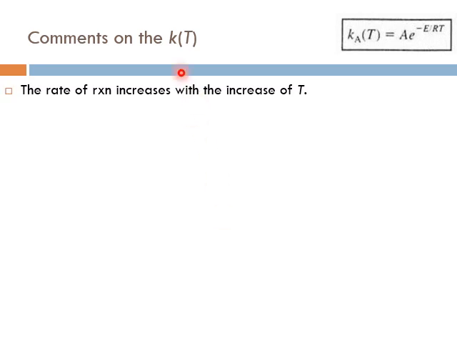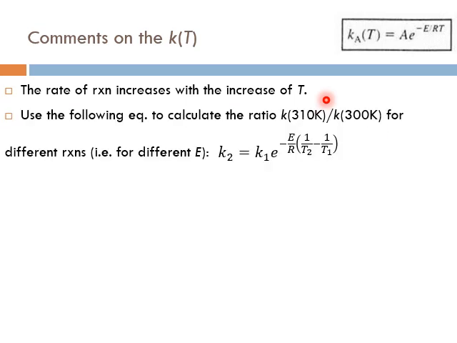Comment on K as a function of T. The rate of reaction increases with the increase of temperature. You know that already. Higher T, higher rate constant, and therefore higher rate of reaction.